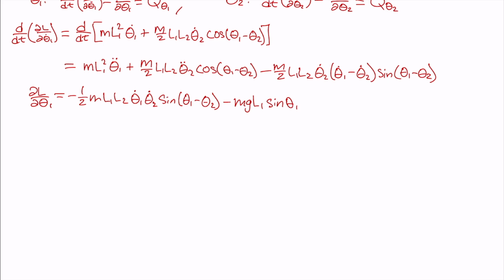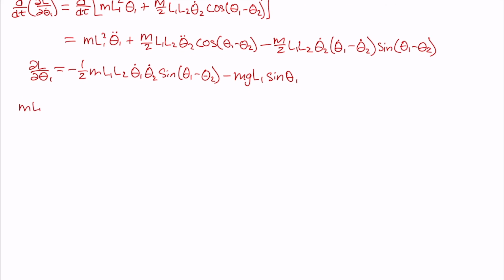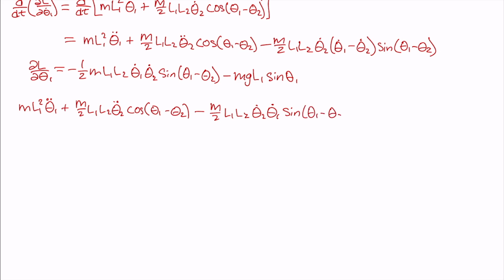Okay, so we can go ahead and start combining these. We're going to first get m L1 squared theta 1 double dot plus m over 2 L1 L2 theta 2 double dot cosine of theta 1 minus theta 2 minus m over 2 L1 L2 theta 2 dot times theta 1 dot sine of theta 1 minus theta 2 plus m over 2 L1 L2 theta 2 dot squared sine of theta 1 minus theta 2.